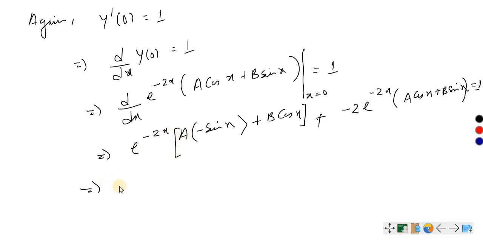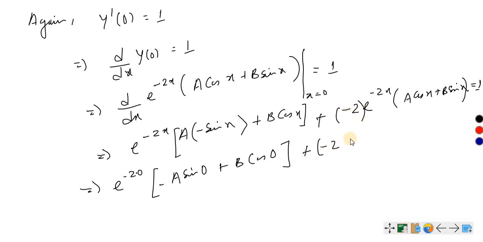If I put x equals 0, it will be e to the power minus 2 into 0, and again minus a sin 0 plus b cos 0, plus minus 2 e to the power minus 2 into 0, a cos 0 plus b sin 0, equals 1.